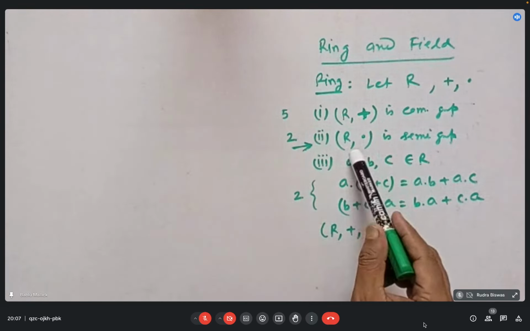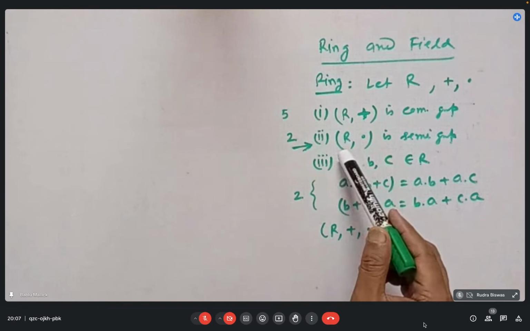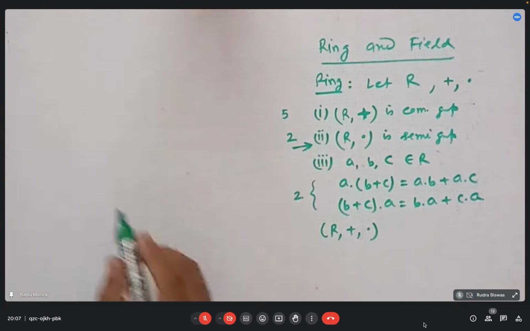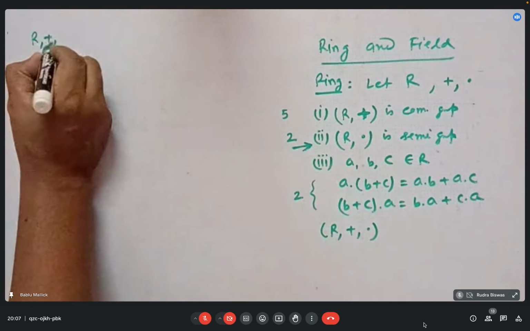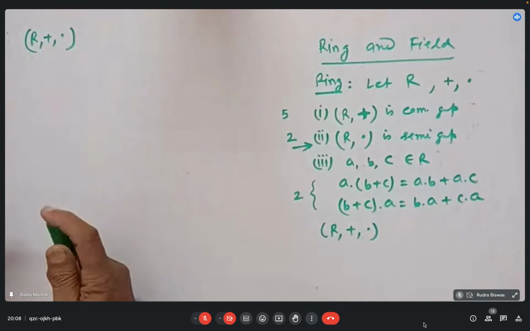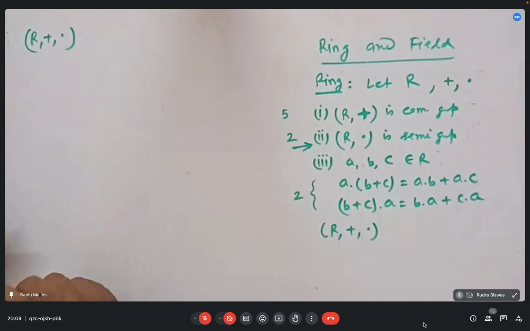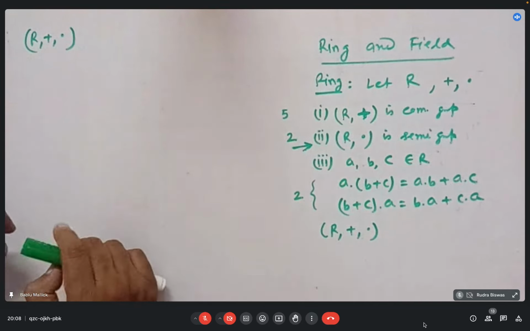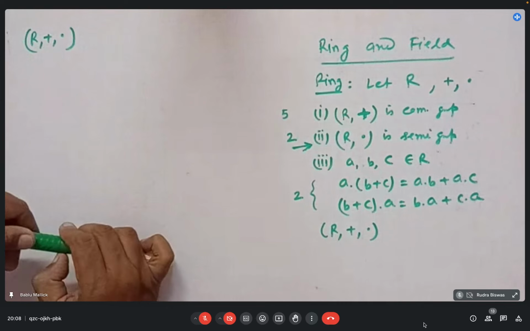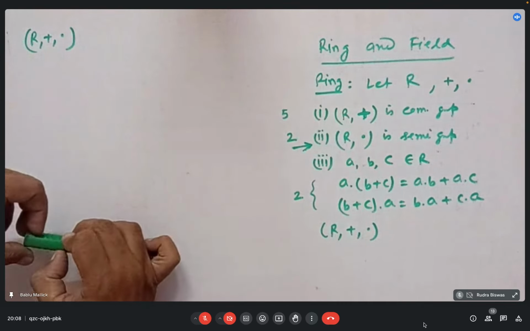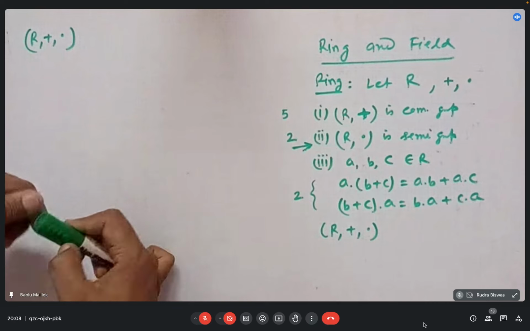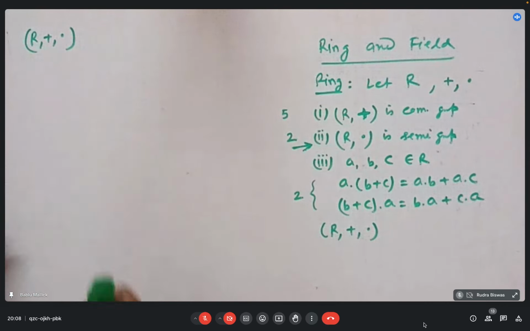One by one conditions we shall add here, then the name of the ring will change. Write, if in the ring R comma plus comma dot the operation dot is commutative, then the ring is said to be a commutative ring.